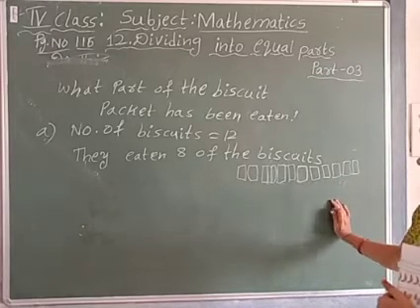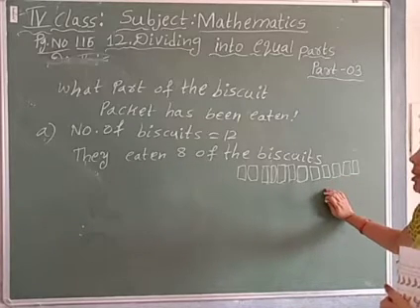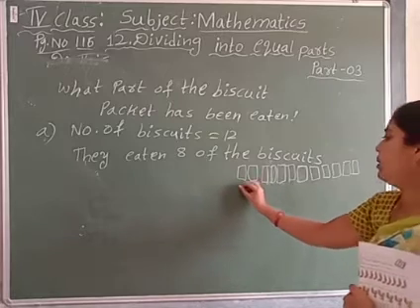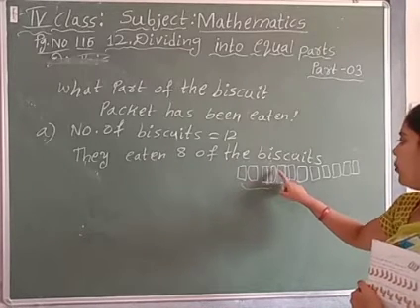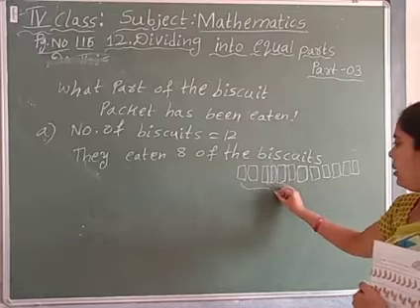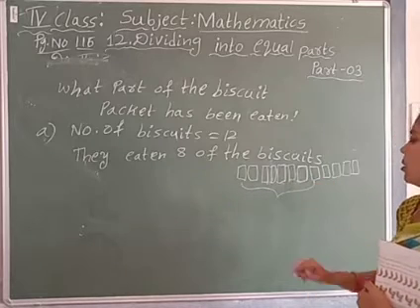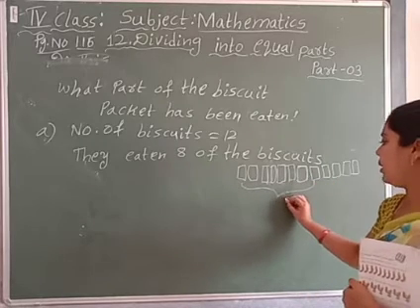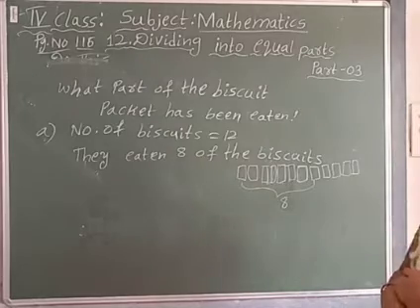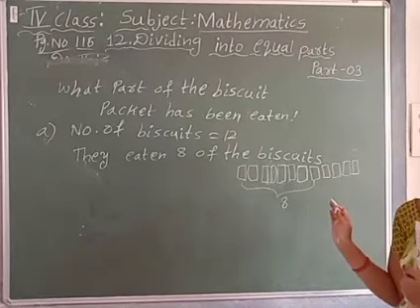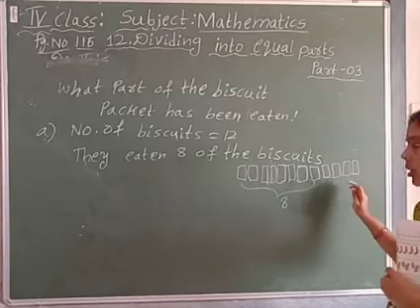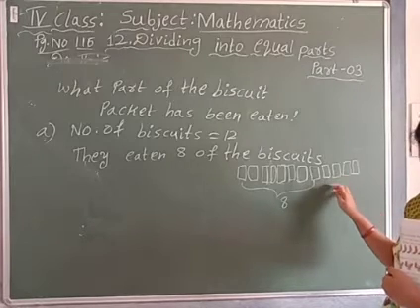You think of biscuits like that. 12 biscuits. So 8 biscuits only they have eaten. 1, 2, 3, 4, 5, 6, 7, 8. So remaining 1, 2, 3, 4. 4 only.